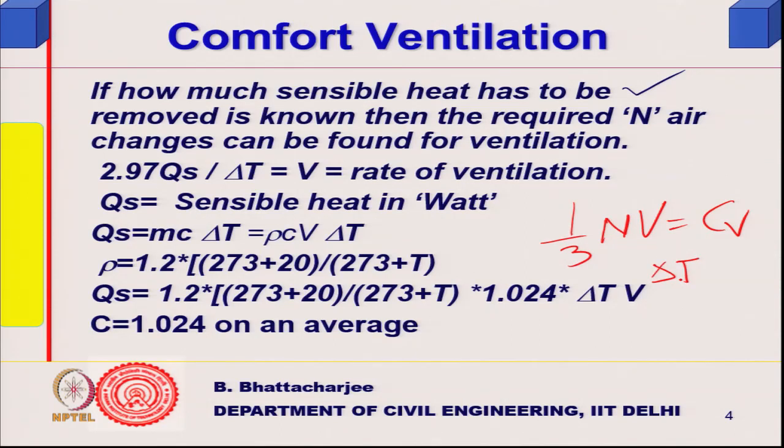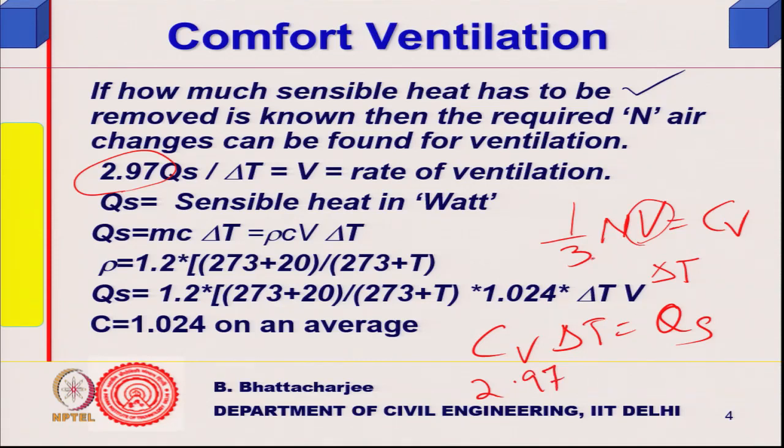So, if I know V in meter cube, or N which I want to find out, or if the sensible heat to be removed is actually C B delta T, sensible heat, this is equal to QS, which can be written as approximately 1/3, or slightly more accurate 2.97, into C B, the rate of ventilation.